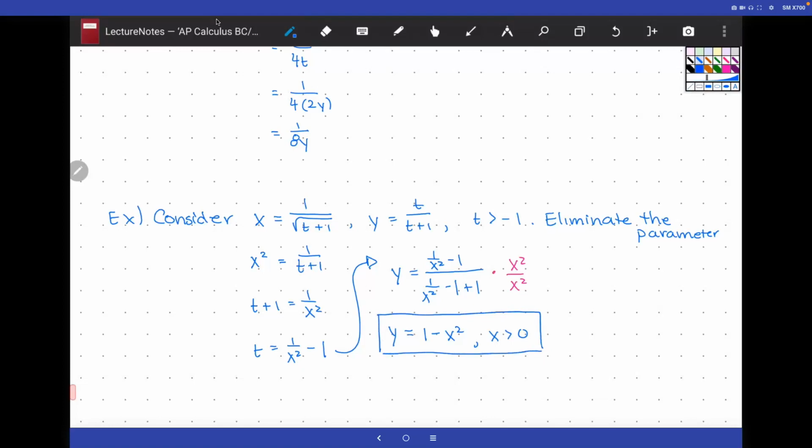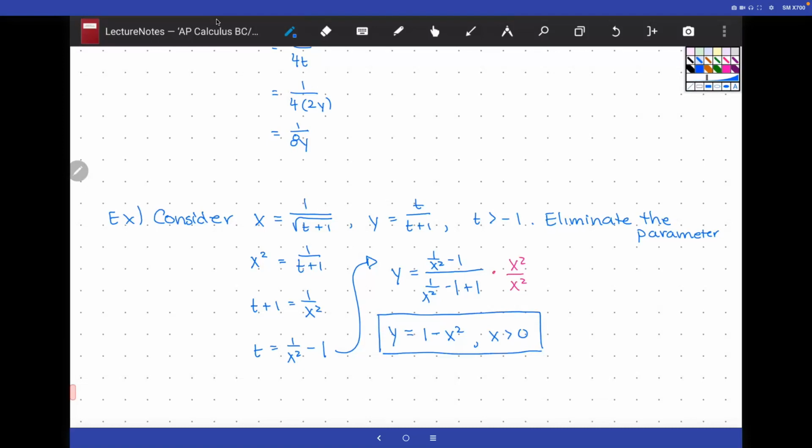So that'd be the only thing that you want to keep in mind, are those possible domain restrictions. Are there any restrictions with respect to y given the ways on t?